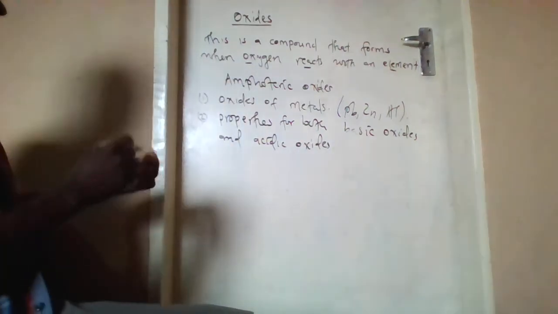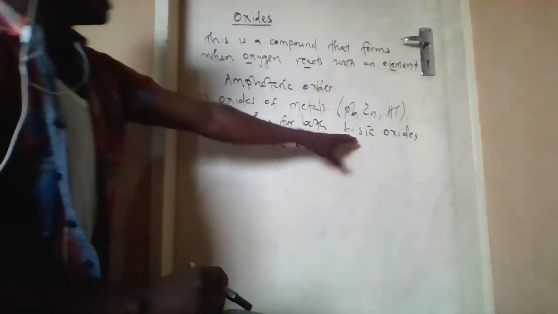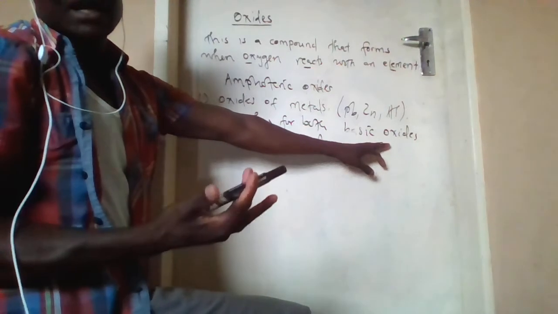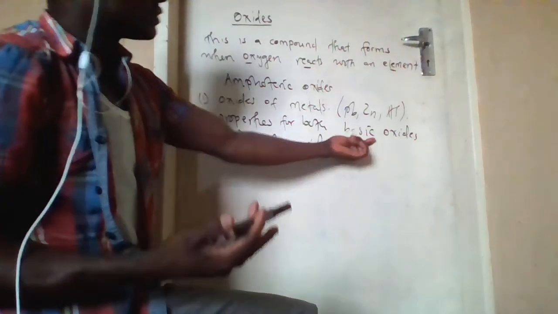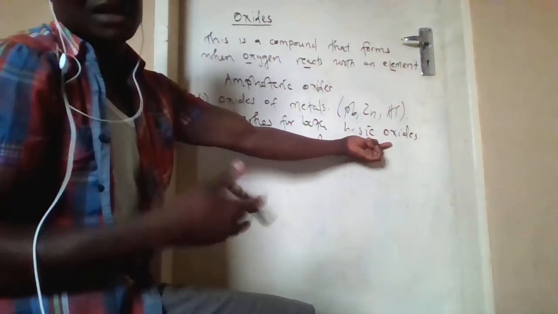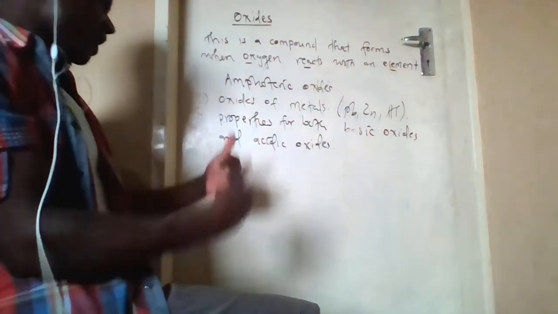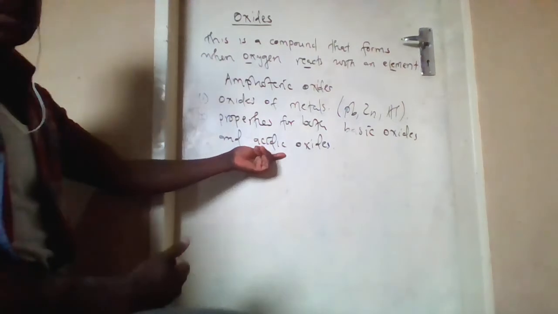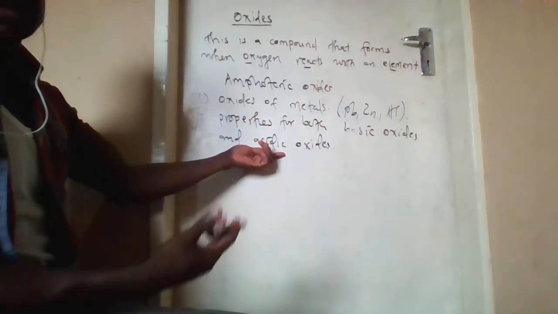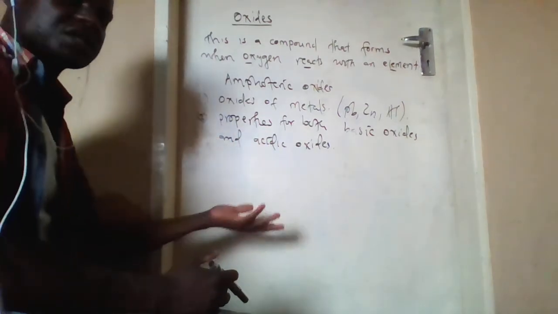If they have the properties of basic oxides, that means they can react with acidic oxides to form salt and water. And if they also have acidic properties, they can react with basic oxides to form salt and water.